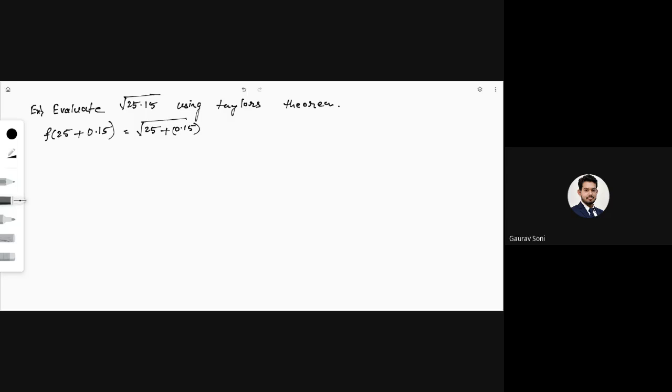So what I'm writing, under root 25 as 25 plus 0.15. Okay. So as I know 0.15 under root will be difficult.